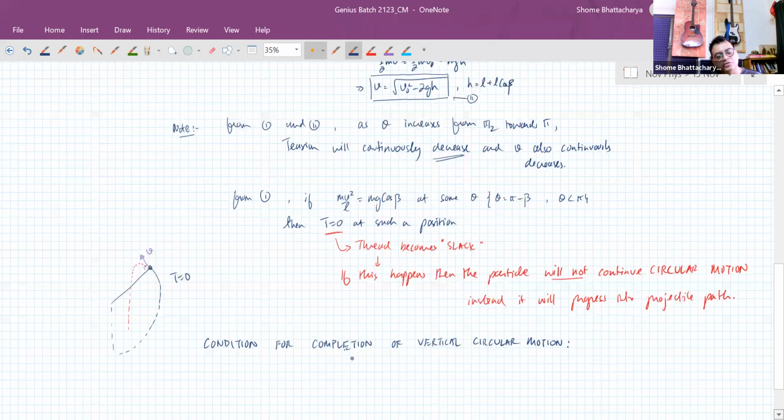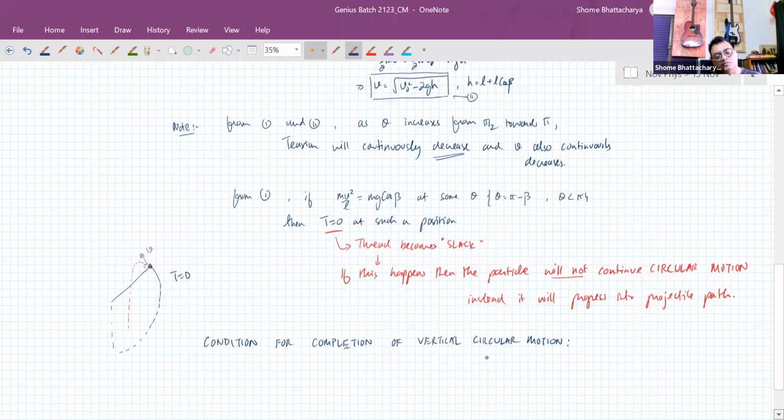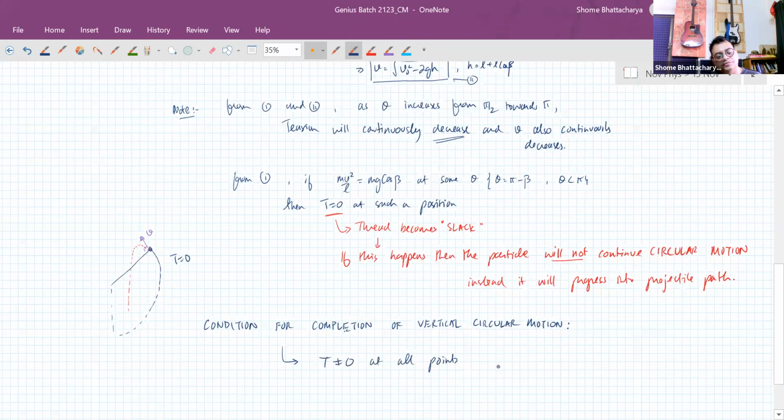Tension should be non-zero at all points, from theta equal to 0 to pi, because thereafter the motion will be like a mirror image of this side.